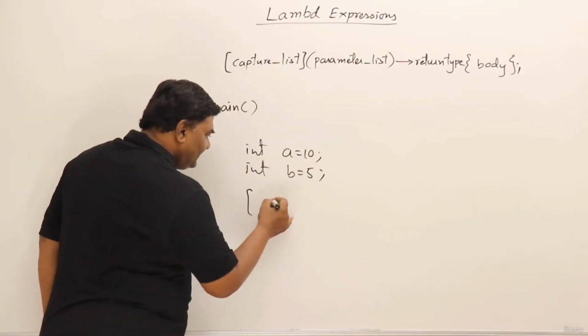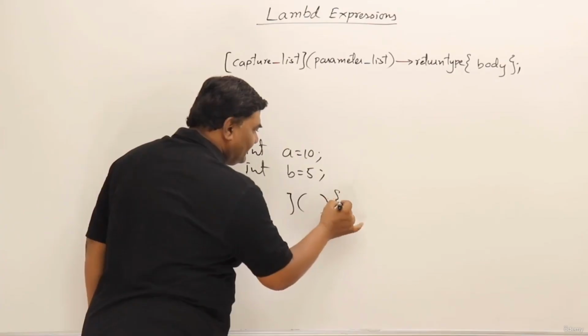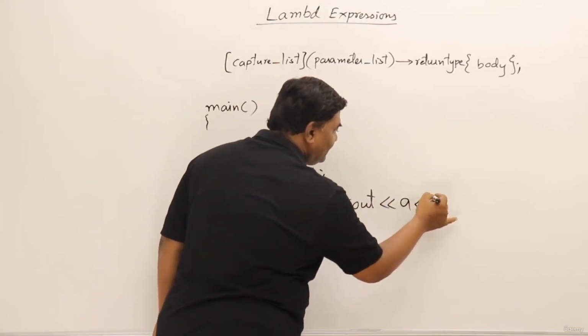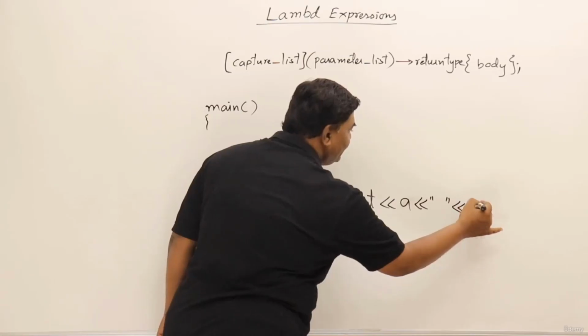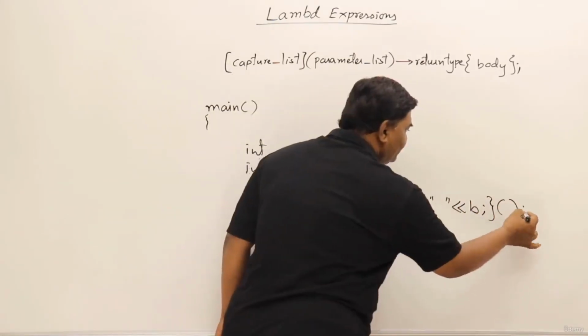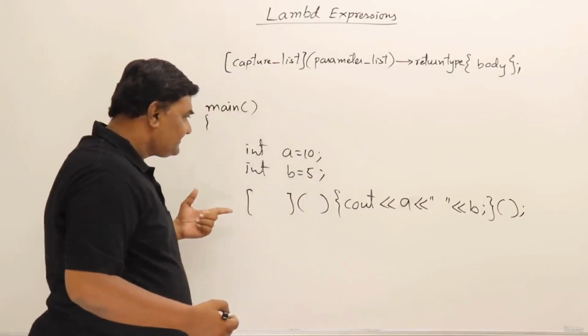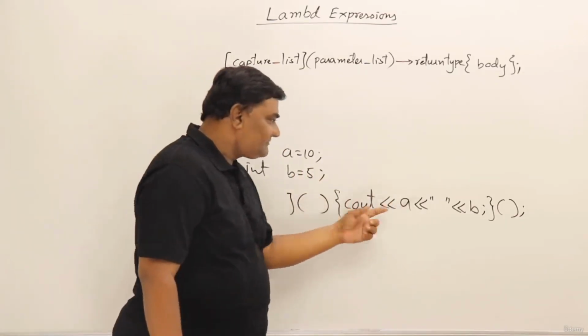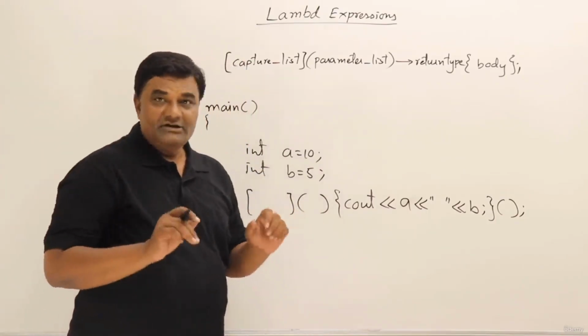I will define an unnamed function, and here I will say cout a with some space b, and even I want to call the function. So what I expect is this function should display the value of a and b, but it will not display.